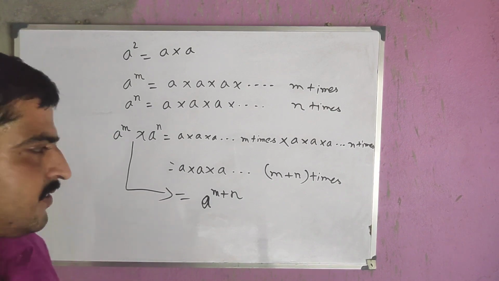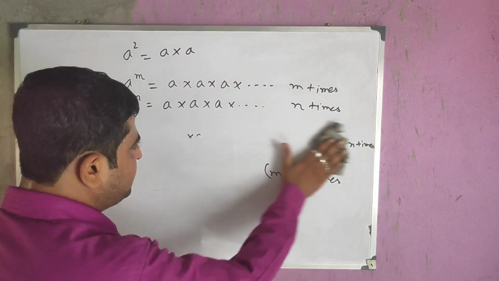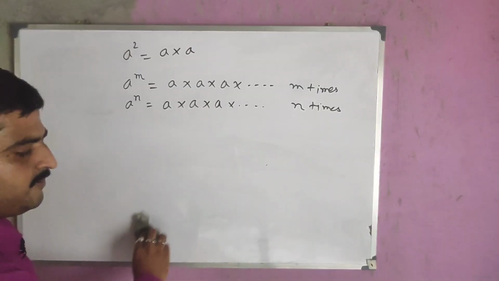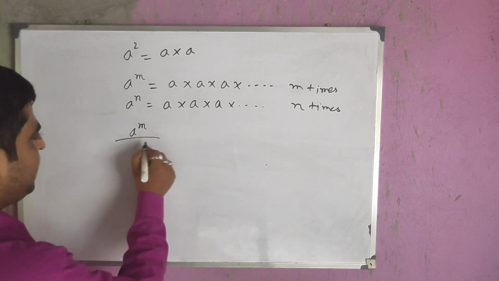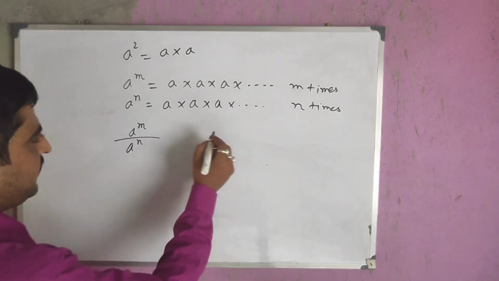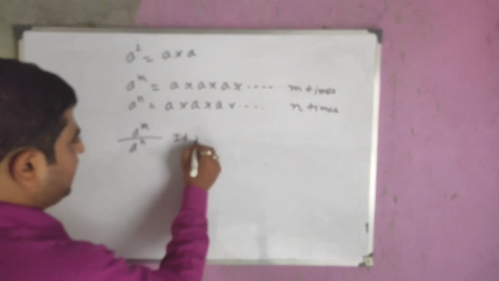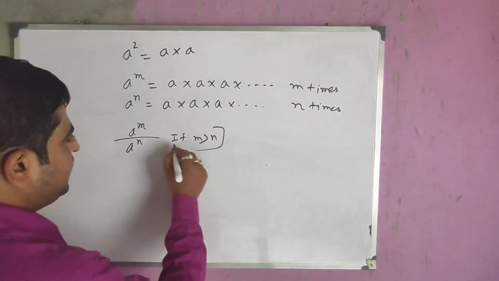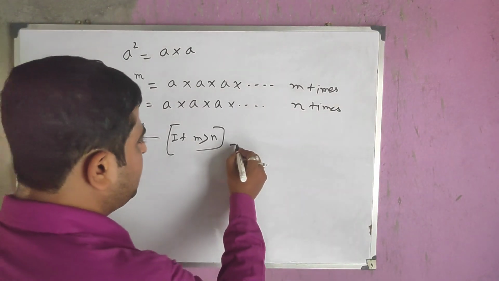In the same way, in the case of division, a to the power m divided by a to the power n. Now if m is greater than n, it means in the numerator the power is more and in the denominator the power is less.